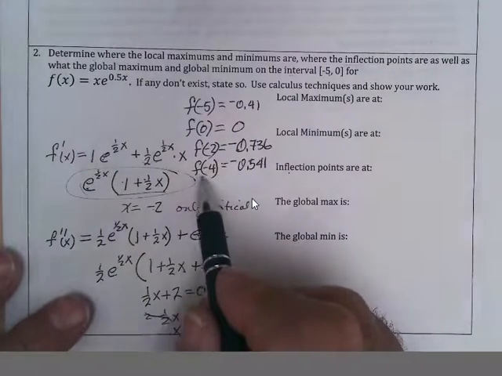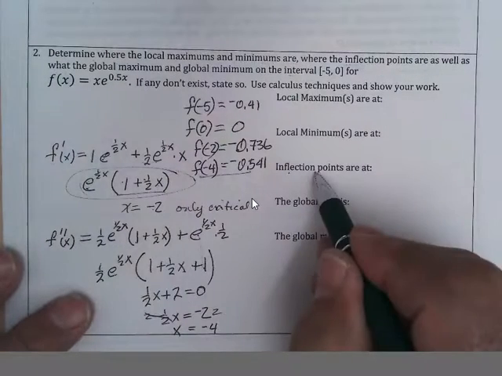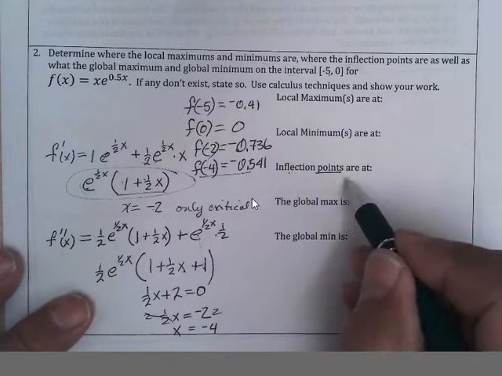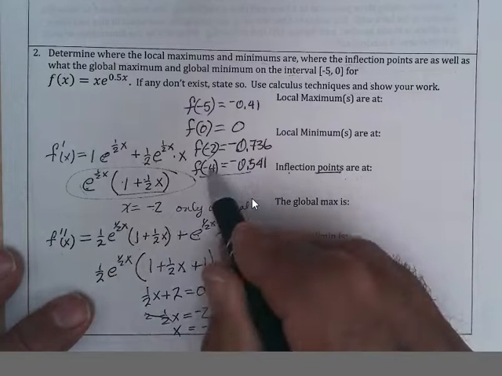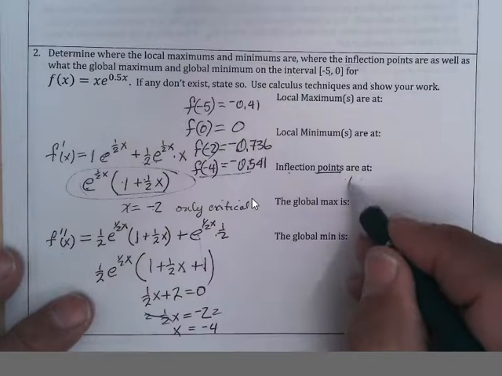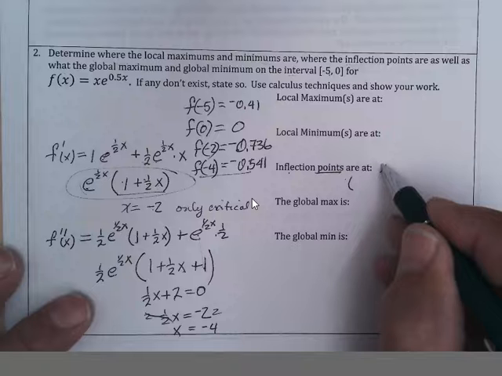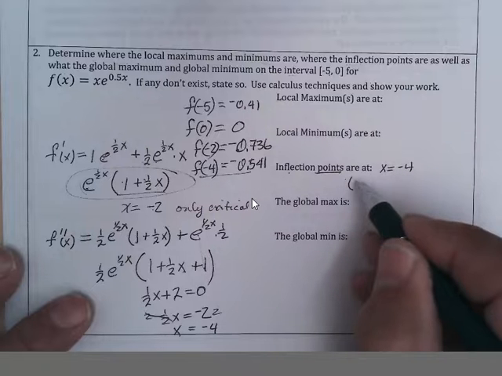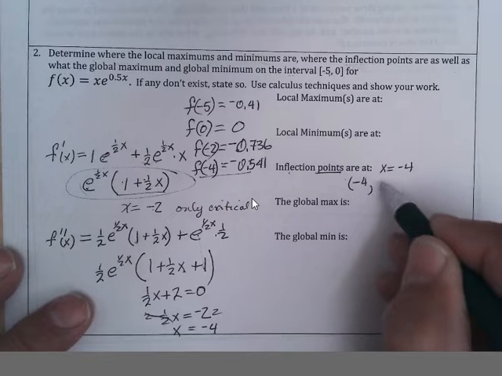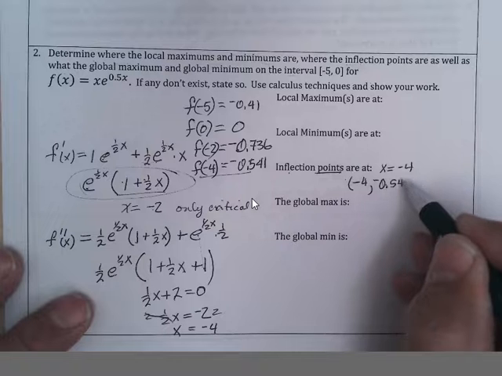So that's an inflection point. So this says the inflection point is at x equals negative 4. The actual inflection point is (-4, -0.541).